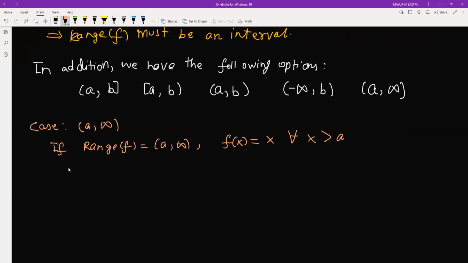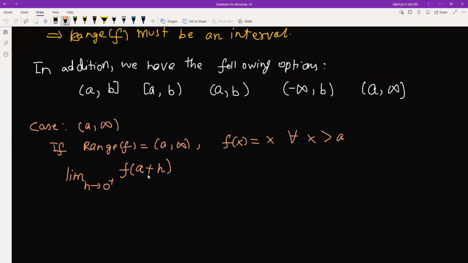So if you consider the limit as h goes to 0 plus of f of a plus h, which means I'm trying to approach a from the right. We want to say that since f is continuous and f of x equals x for every x greater than a, we also must have equality at a, because f fixes every such x. Continuity implies that a also must be a fixed point. That is what we are going to do formally over here.